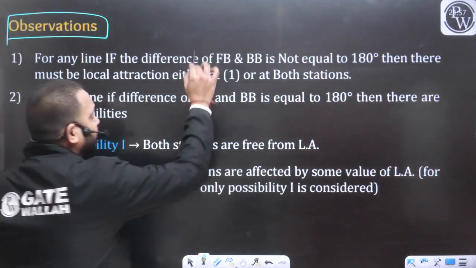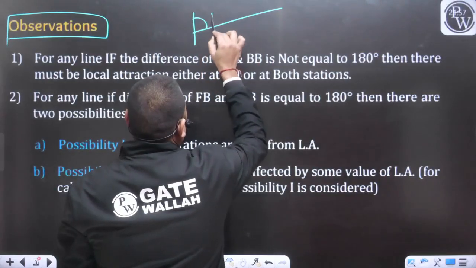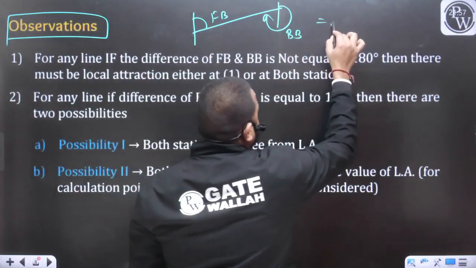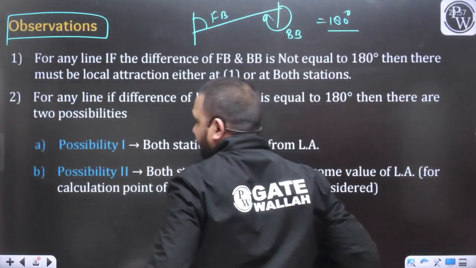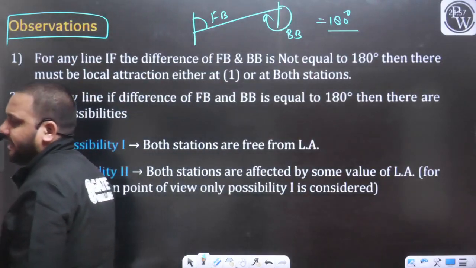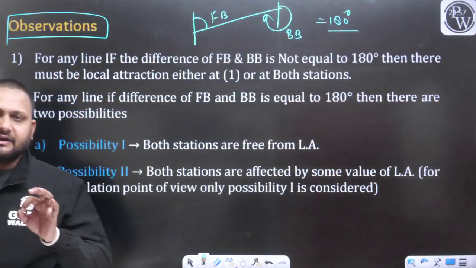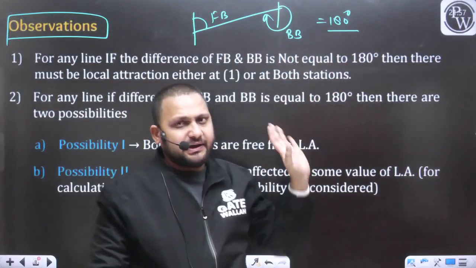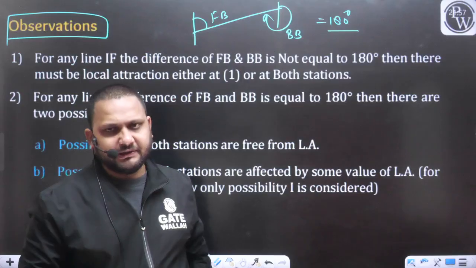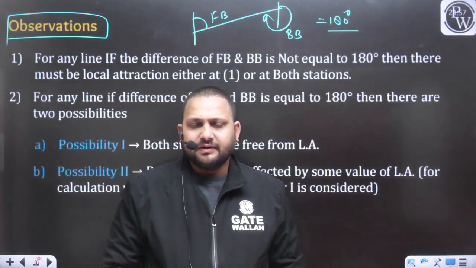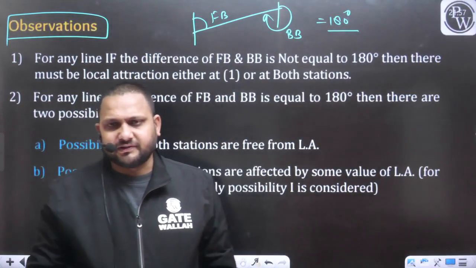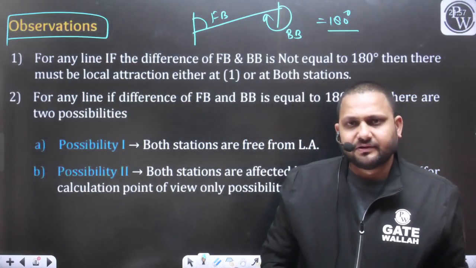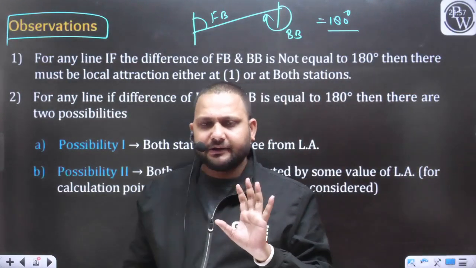As we know, for any line, the difference of the fore bearing and the back bearing is always going to be 180 degree. Yes or no? And for any line, if we are not getting the difference of the fore bearing and back bearing as 180 degree, what does it imply?